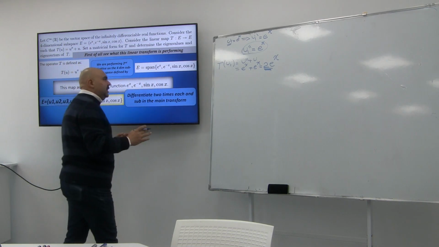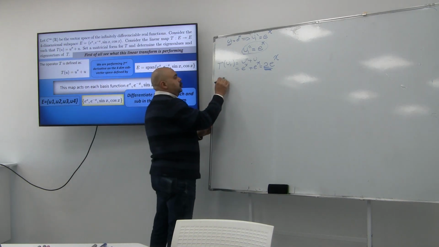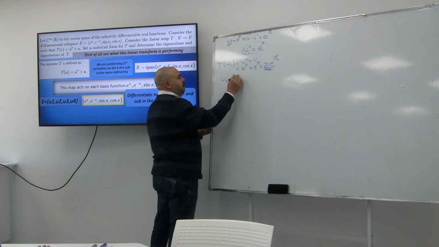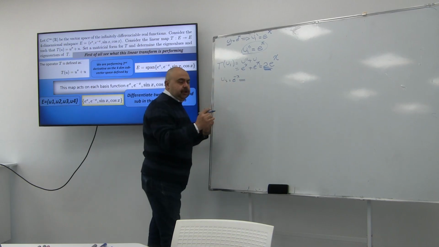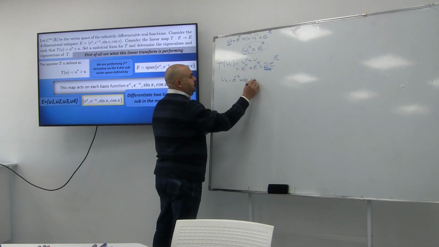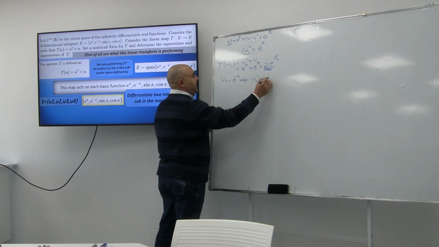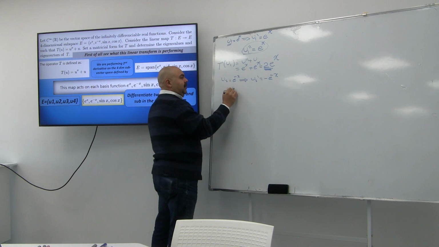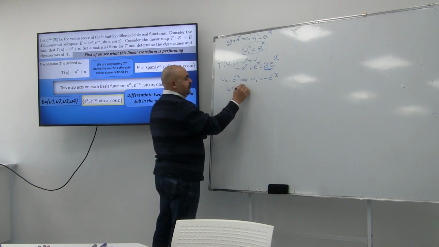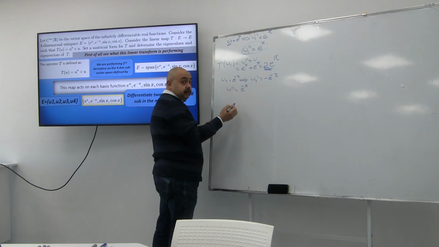I can do exactly the same for u2, which is e to the power negative x. Once you differentiate, you will have u2 dash, which is going to be negative e to the power negative x. And u2 double dash will be e to the power of negative x, also positive.